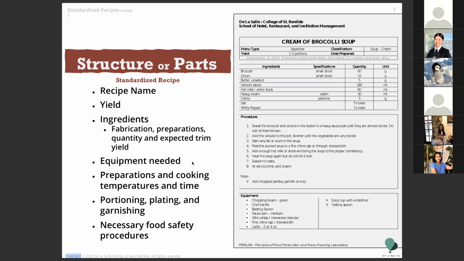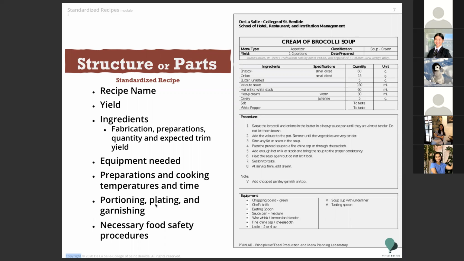So this is very direct to the point, a step-by-step process on how you will execute or cook your cream of broccoli. Sometimes it also gives you the portioning or the plating. For example, serve your cream of broccoli soup with a slice of melba toast. Or in this case, it says add chopped parsley as a garnish.